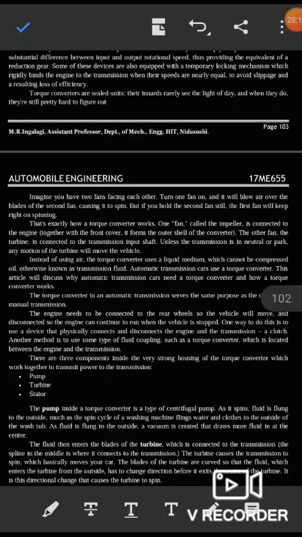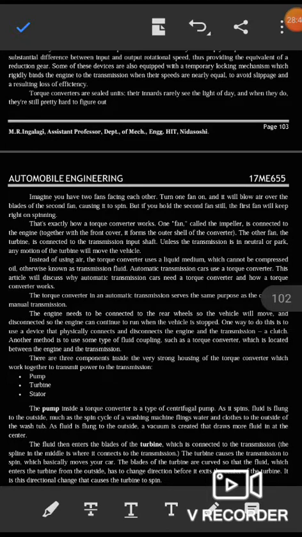One fan, called the impeller, is connected to the engine. The other fan, the turbine, is connected to the transmission input shaft. Unless the transmission is in neutral or park, any motion of the turbine will move the vehicle.